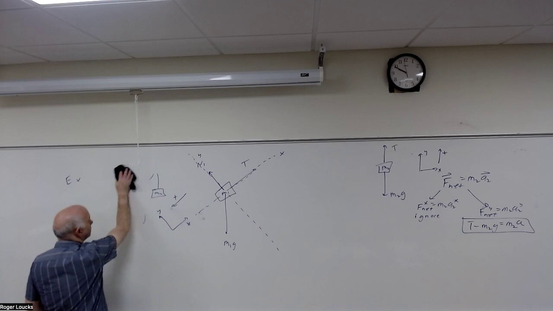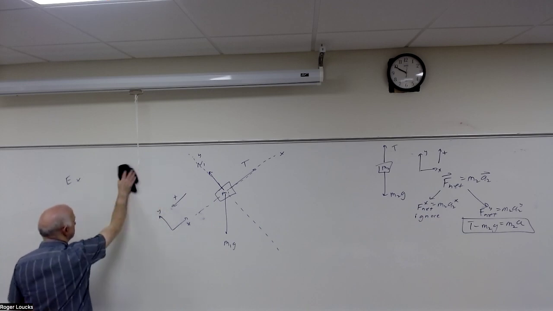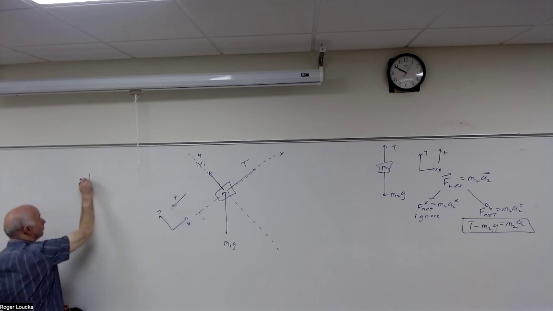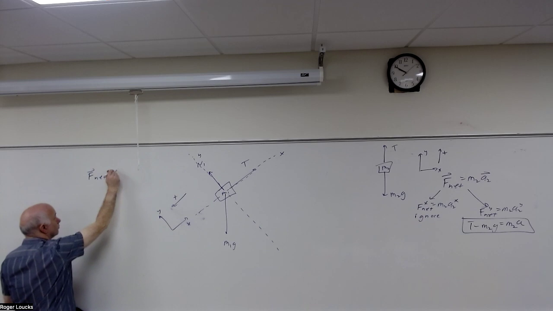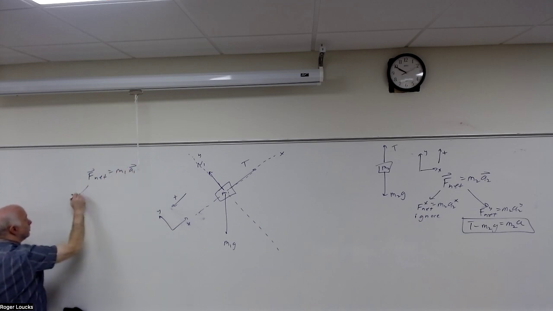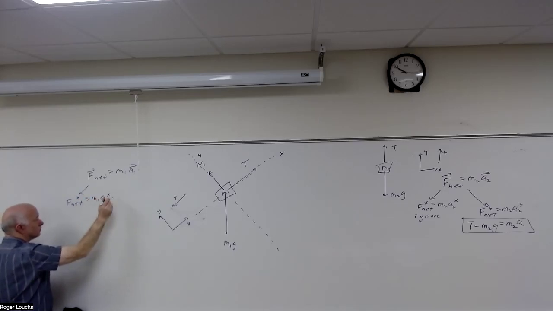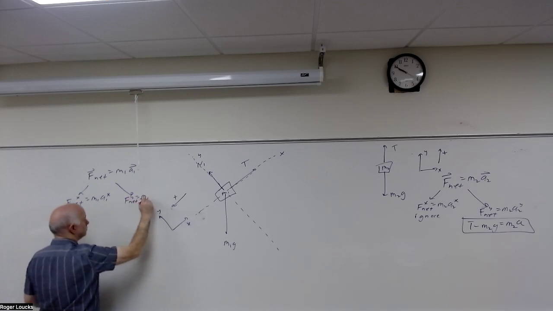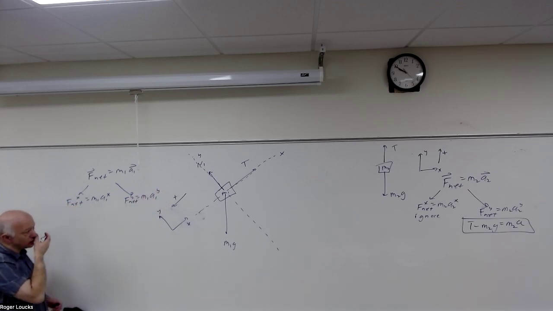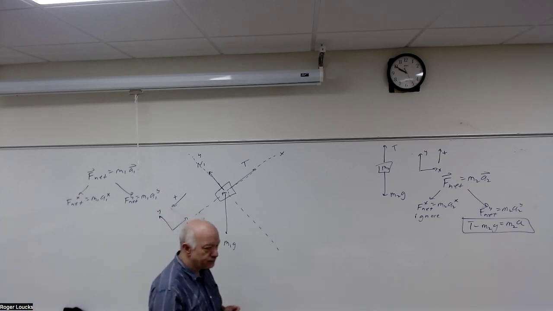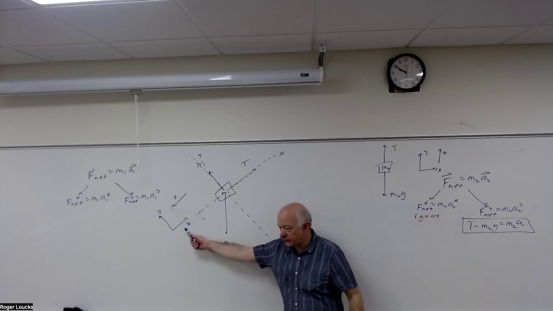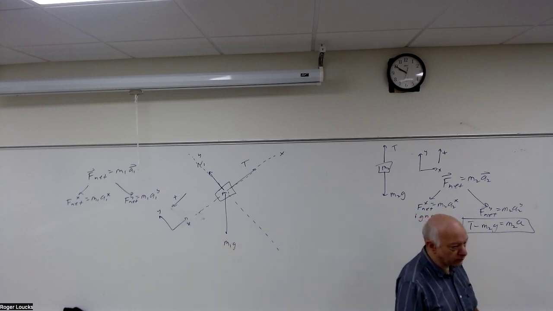So let's apply F equals MA on this, in X and Y components. Okay. Well, this one's a little more tricky. What are all the forces from this free body diagram and this coordinate system here? What are all my X forces?